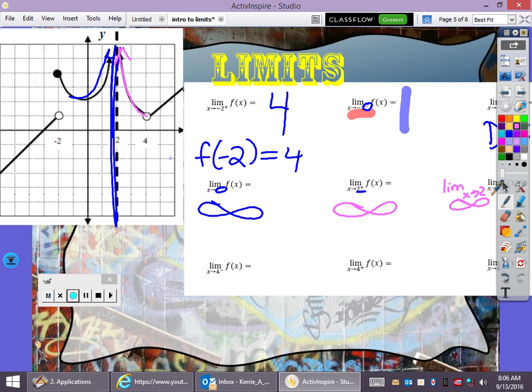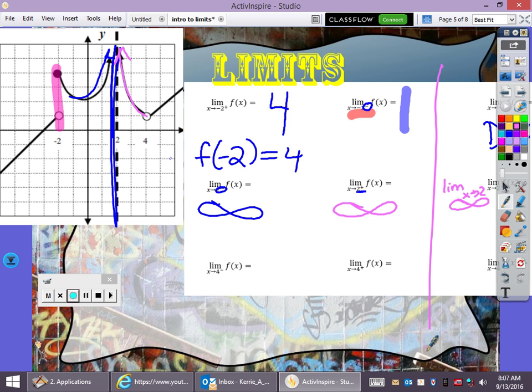Okay, so backtracking again. Right here, there's a jump, right? If I ask you for the limit at -2, can you give me a clear answer? On your paper, you have this.